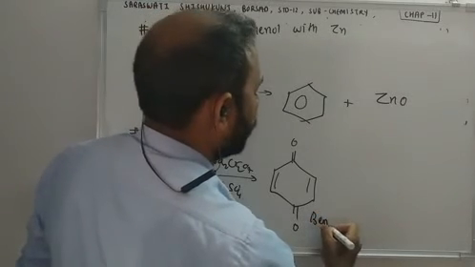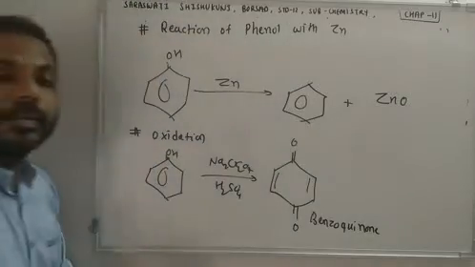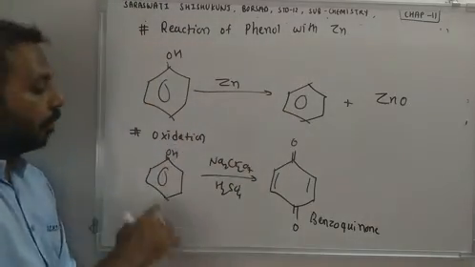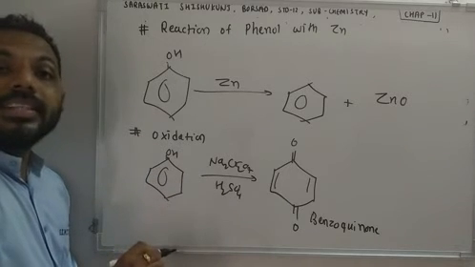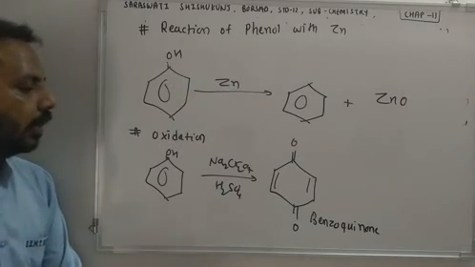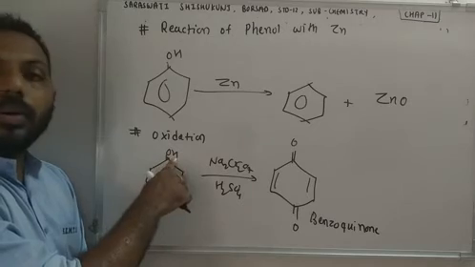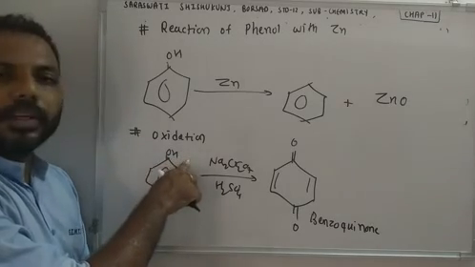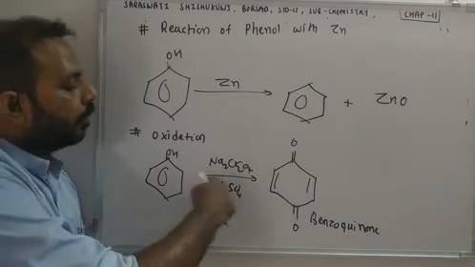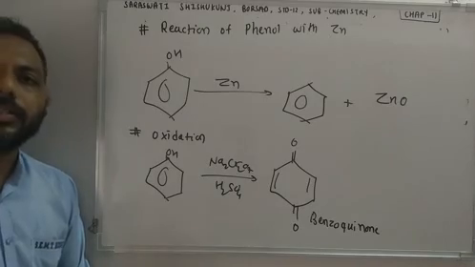So phenol reacts with zinc and forms benzene. Phenol reacts with an oxidizing agent like chromic acid, Na2Cr2O7 or K2Cr2O7, and forms benzoquinone, with release of hydrogen from here and addition of oxygen here. An oxidation reaction is taking place, so it forms benzoquinone. Okay. So these are all the chemical reactions of phenol.